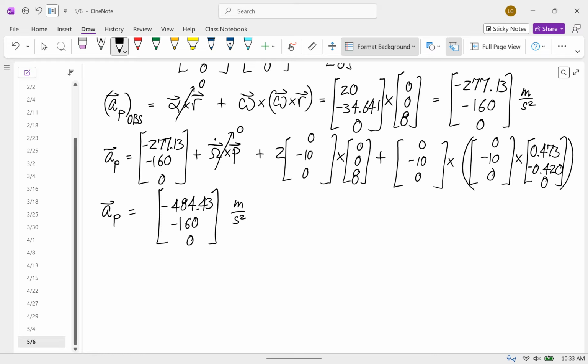The parallel part tells you whether it's speeding up or slowing down. If that component is in the same direction as the velocity, it's speeding up. If it's in the opposite, it's slowing down. And the perpendicular part tells you which direction it's turning. This has to do with speed change, and this has to do with direction change.